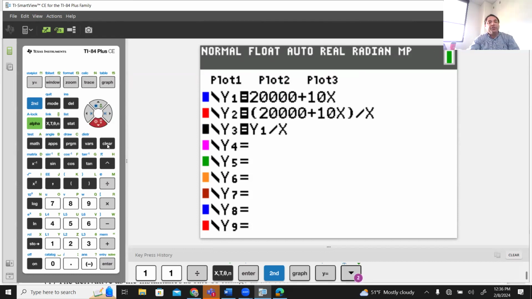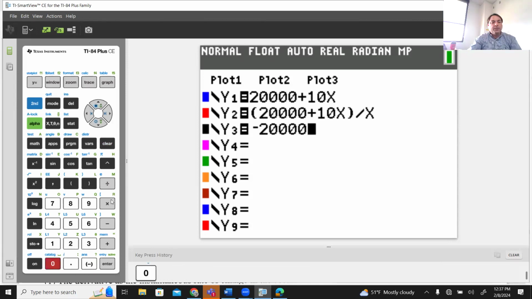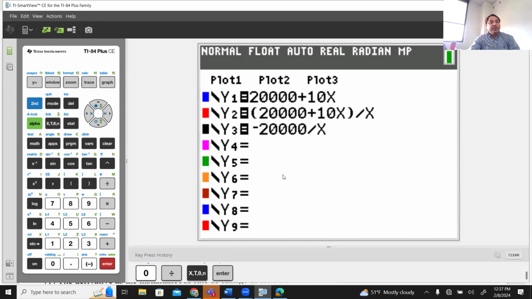We just figured out that the derivative is going to be -20,000 divided by X. Now be careful. Are we taking the derivative of y1, which is cost, or the derivative of y2, which is average cost?